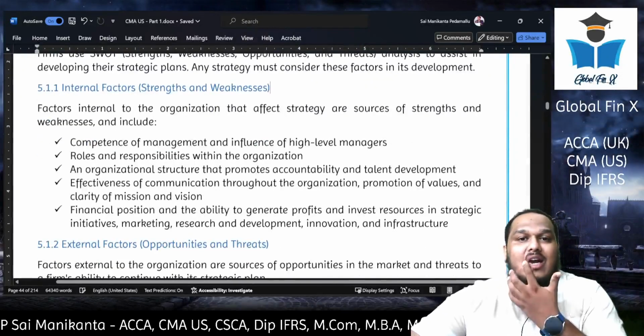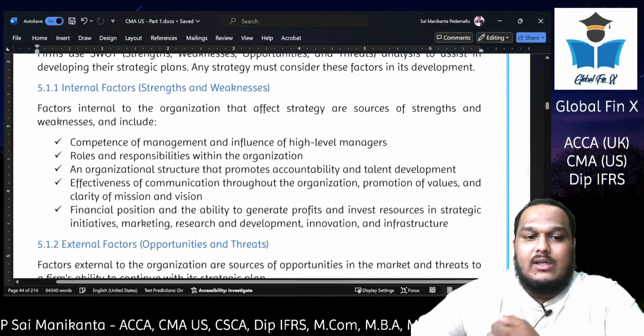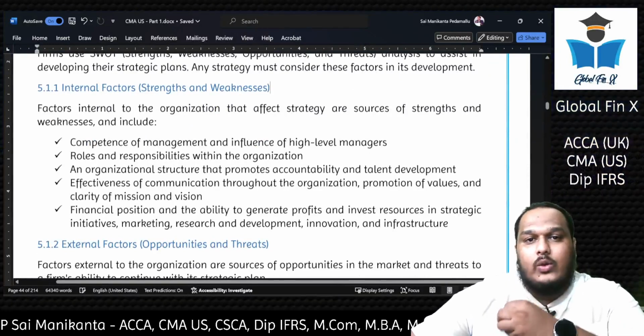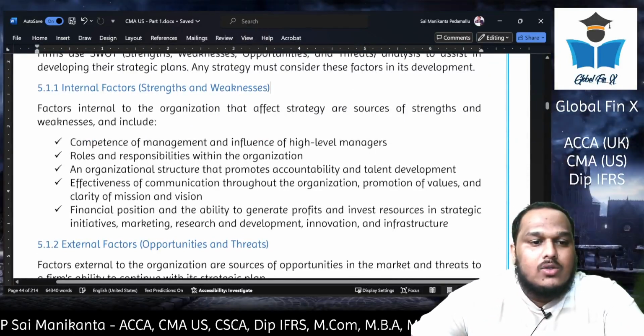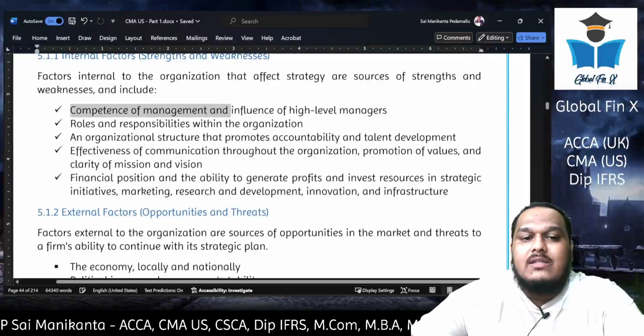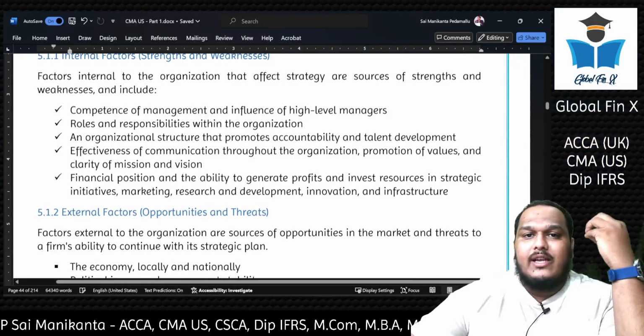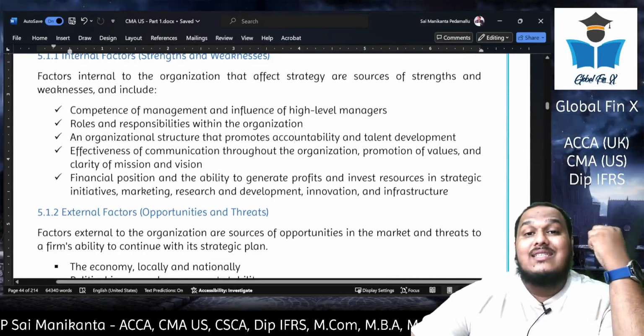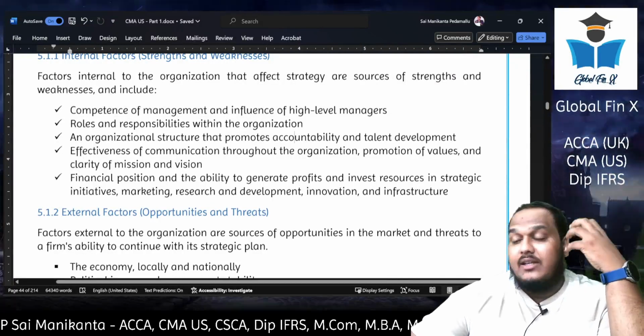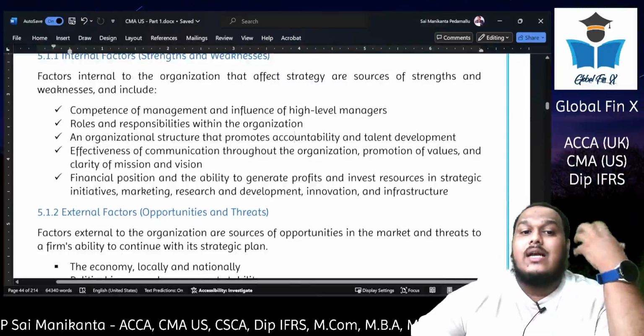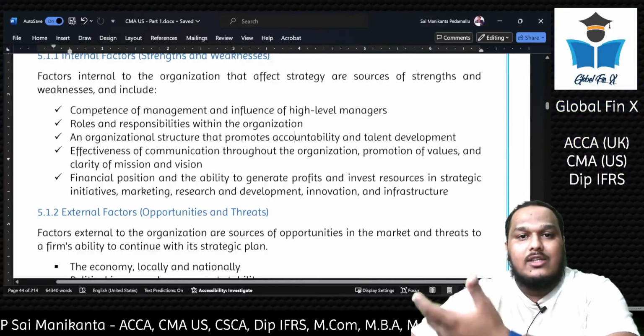What are the internal factors, strengths and weaknesses? What are strengths? Something that you are good at. What are weaknesses? Something that you are not good at. Some examples: competency of management, influence of high level managers. If your management is very competent, very skilled, very talented, and very knowledgeable about the business, that is strength. If they are not, that is your weakness.